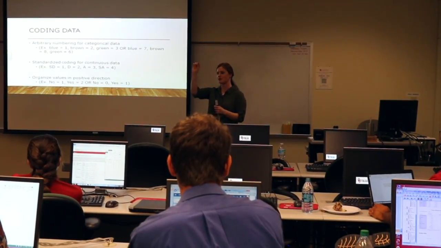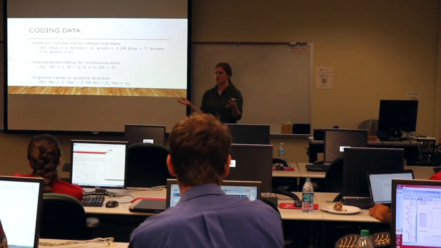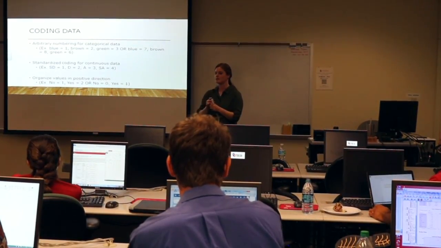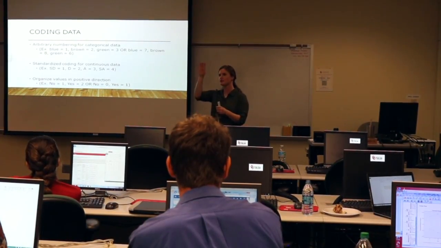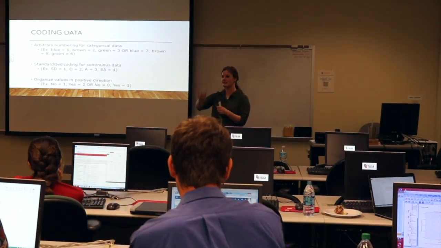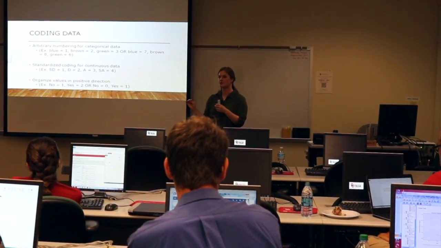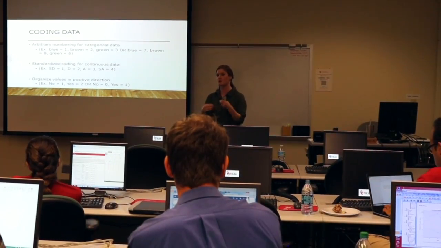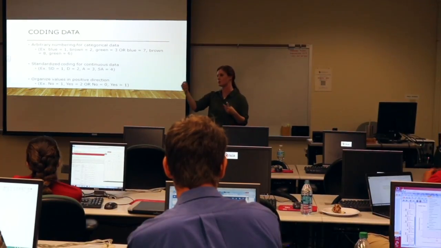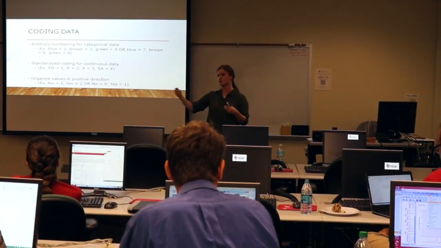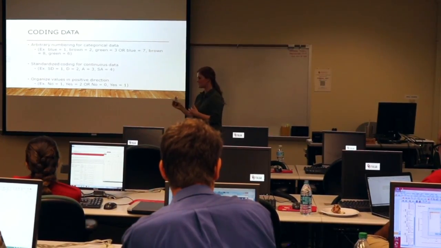Say you have education level, and your options are high school graduate, college, that kind of thing. Start at the top with one and go down, and continue with that standardization when you're coding your data for ease of understandability, right? So you can quickly look and say, oh, that's the first option, so it's a 1. Or, oh, that's the second option, so it's a 2. That kind of thing.